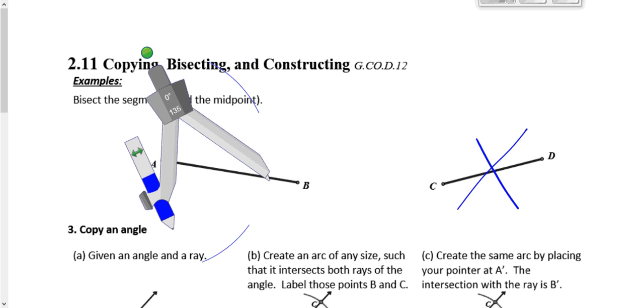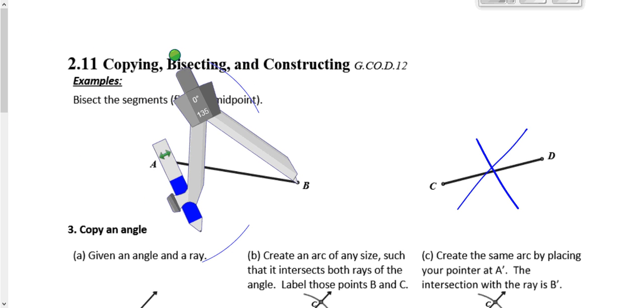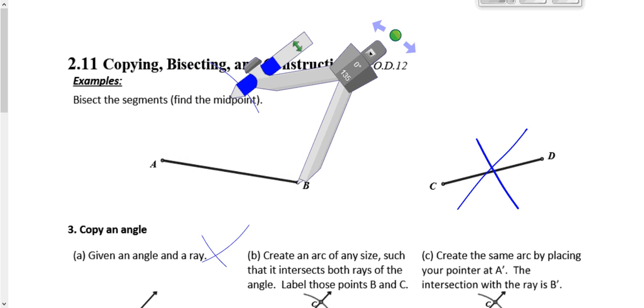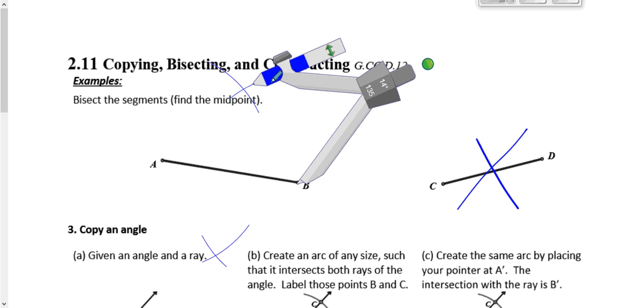Flip it around, and so I just get my intersecting points now because we know how to do this, right? Do we need the whole arcs? We can, but when we get to some more complicated ones, it might really make it messy and hard to see what's going on, so just consider doing it this way.